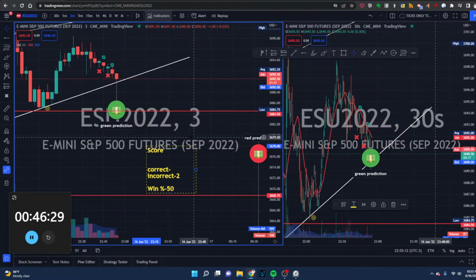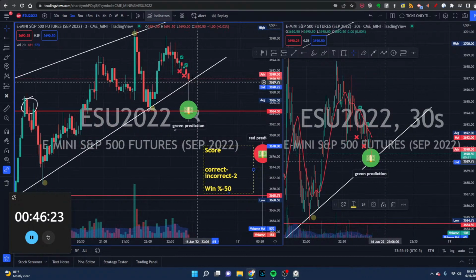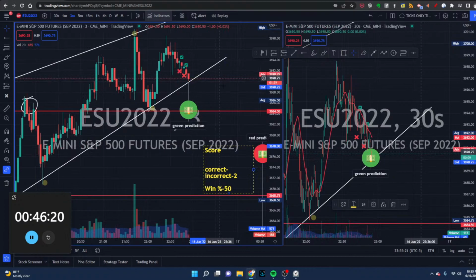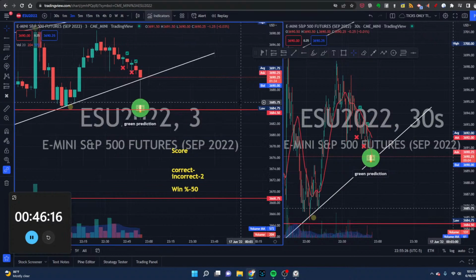Really red right now, but I think we're going to get a wick. I only think that because this is their first try at this level. And I think there's going to be some buying pressure here coming in.